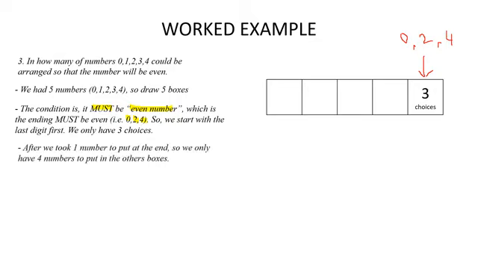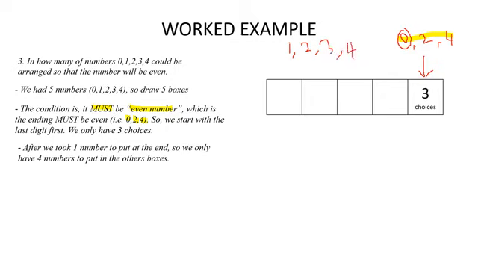After we take 1 number out of these 3, we only have 4 numbers left. Let's say we take 0, so what is left? 1, 2, 3, 4.